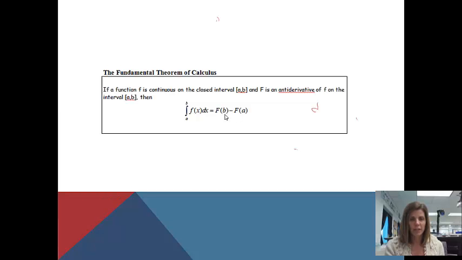Then we'll evaluate the antiderivative at b, evaluate it at a, and subtract our two answers.